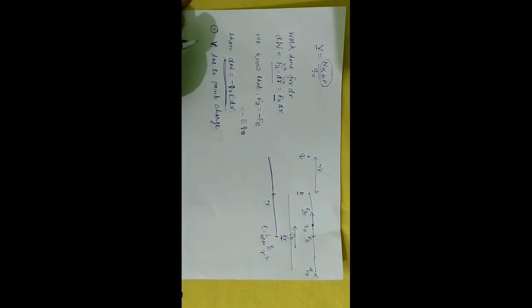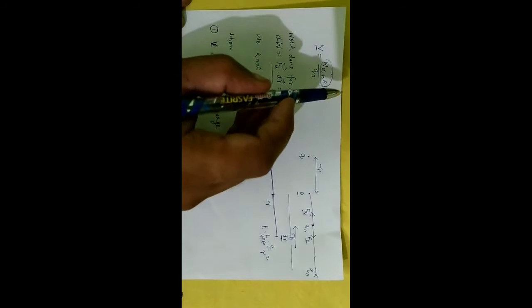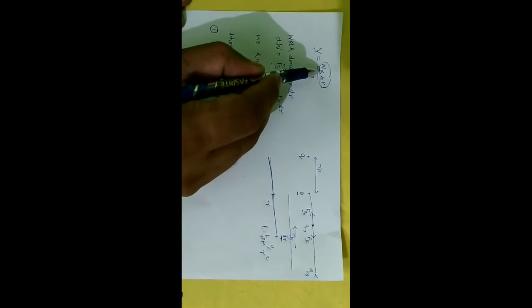Now see here, to calculate the electric potential, you have to calculate the work done. So we have to calculate the total amount of work done from infinity to P, which is equal to the integration of minus Q naught E dr. Now put the value of this electric field.